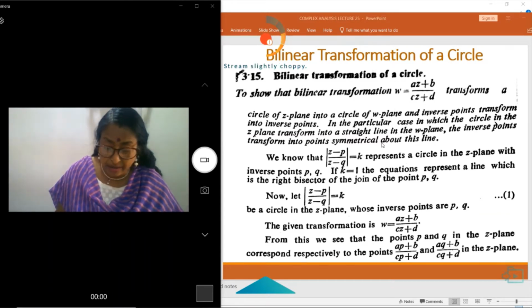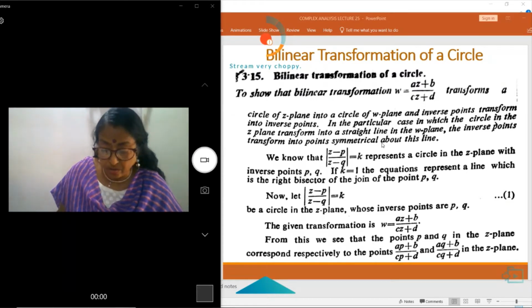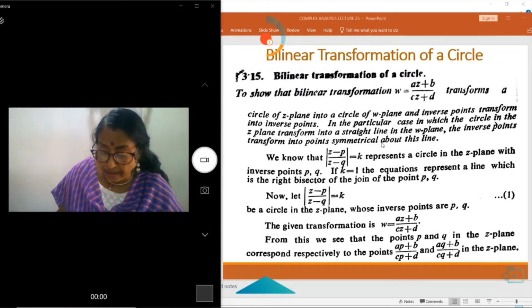Now let |(Z - P)/(Z - Q)| = K be a circle in the Z plane whose inverse points are P and Q. Now W = (AZ + B)/(CZ + D).